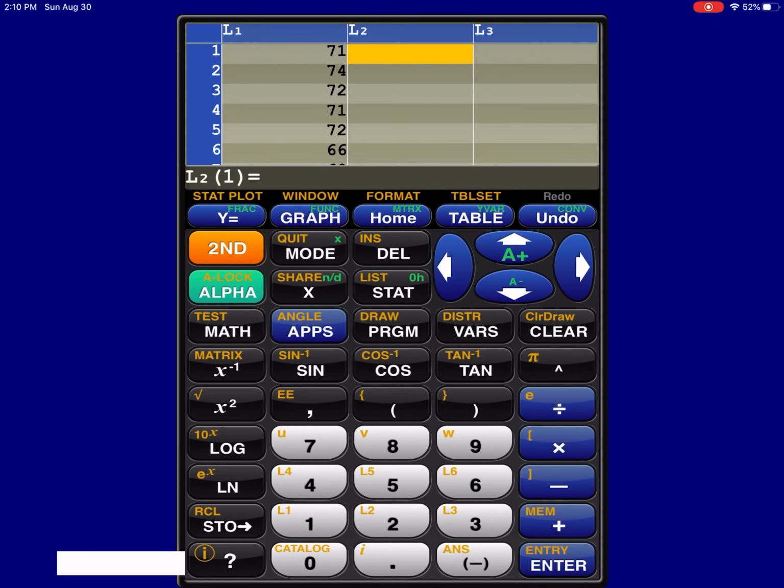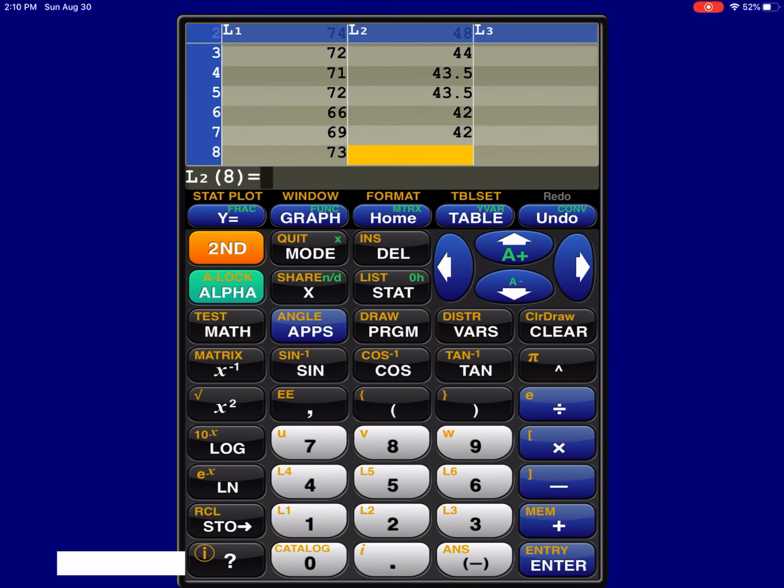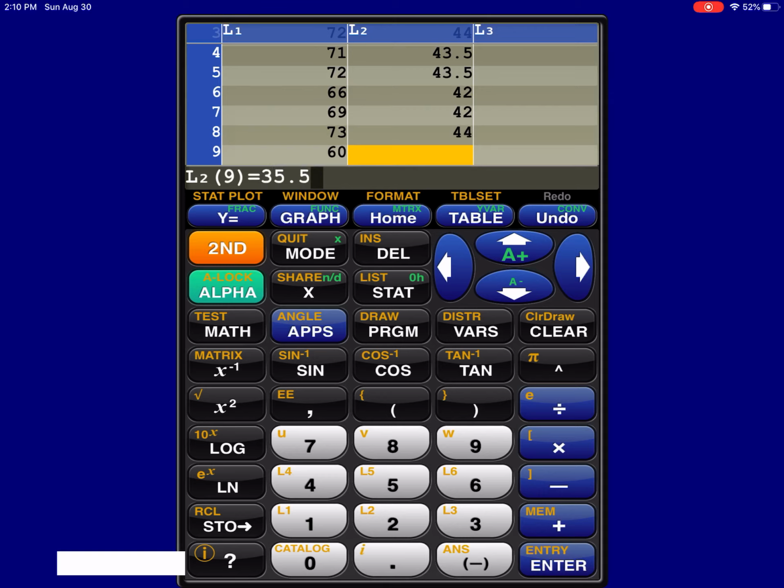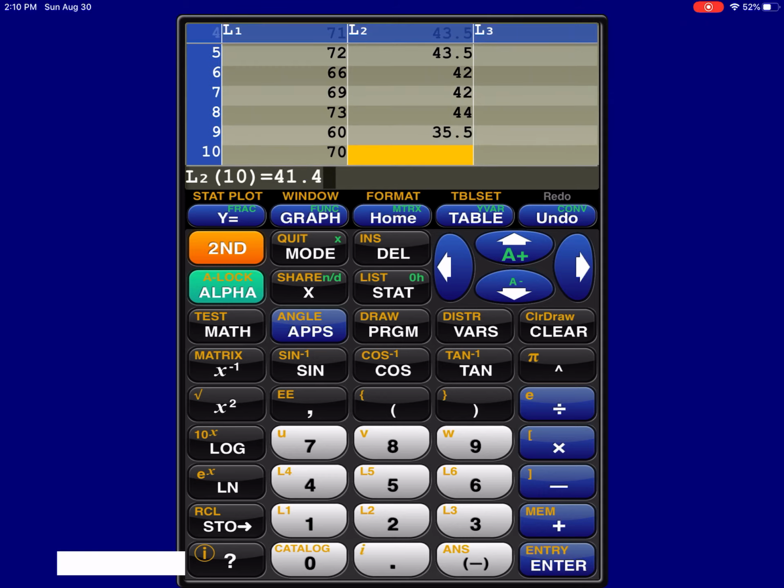And then for the L2 column, let's enter the students' belly button heights: 42, 48, 44, 43.5, 43.5, 42, 42, 44, 35.5, 41.5.